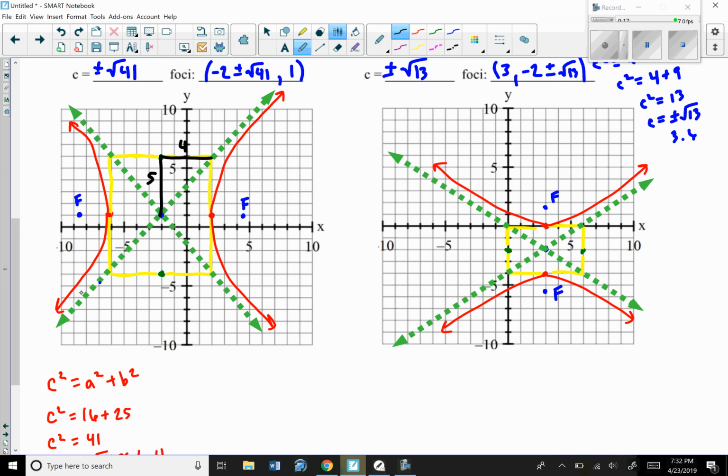So I have a positive slope going 5/4 and a negative sloping line going 5/4. And we said the center we know was at -2, 1 from above, and the slope is plus or minus 5/4.